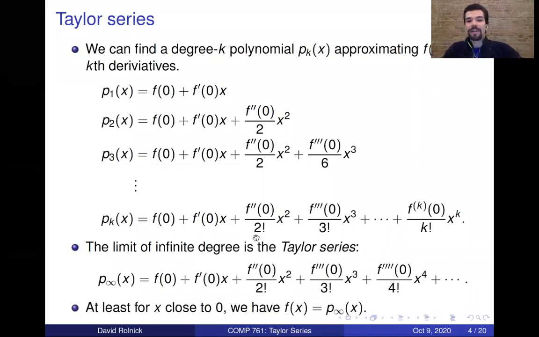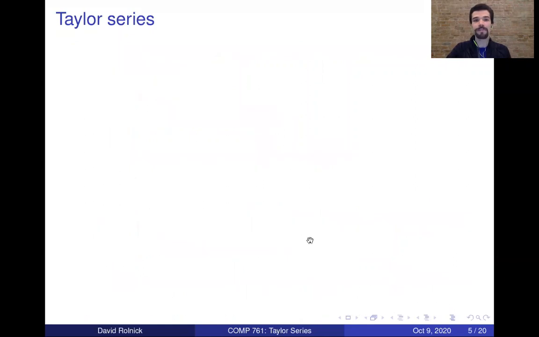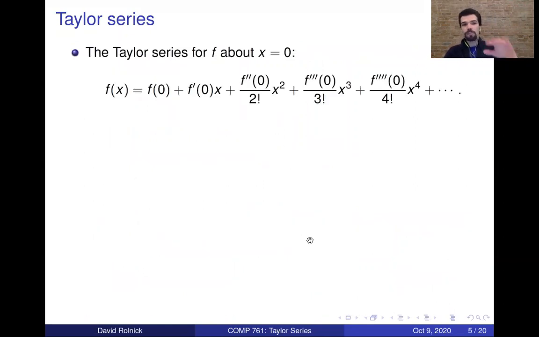So at least for x close to 0, we have f of x being exactly the limit of this infinite Taylor series. The infinite Taylor series is not an approximation to f. It is literally equal to f. You can do a Taylor series about x equals 0.